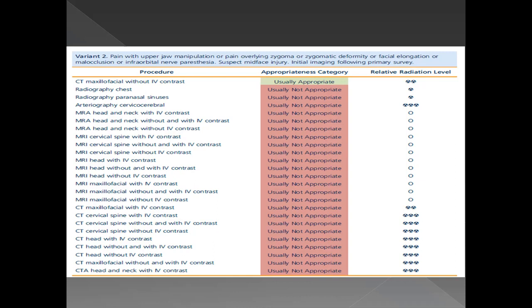This sort of information you don't get from radiography of the paranasal sinuses, but this is information that you do get when you order a CT maxillofacial, right?